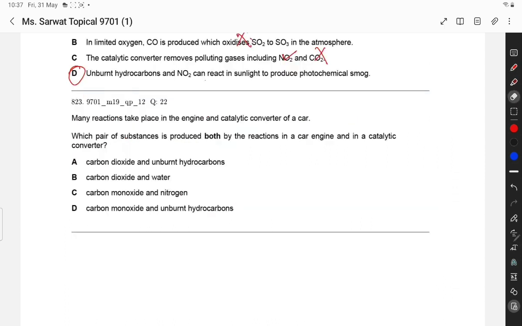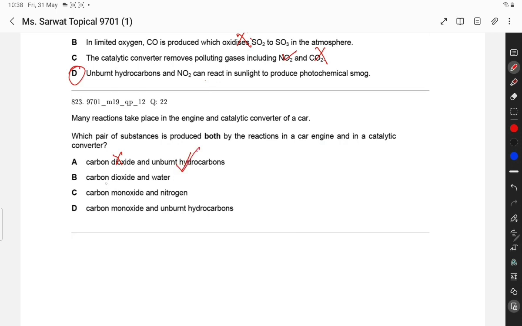Many reactions take place in the engine and catalytic converter of a car. Which pair of substances is produced both by reactions in a car engine and catalytic converter? Carbon dioxide and unburnt hydrocarbon: unburnt hydrocarbon can be produced, but carbon dioxide cannot be produced in the catalytic converter this way.